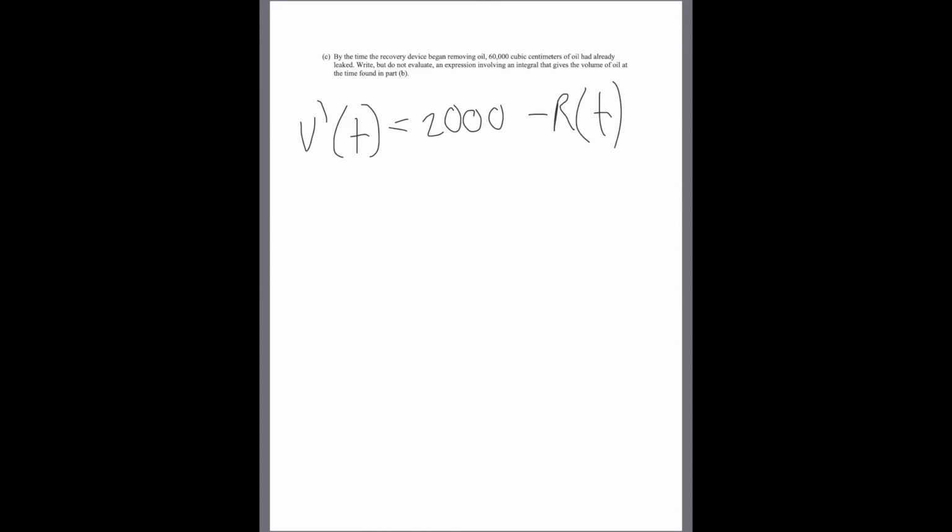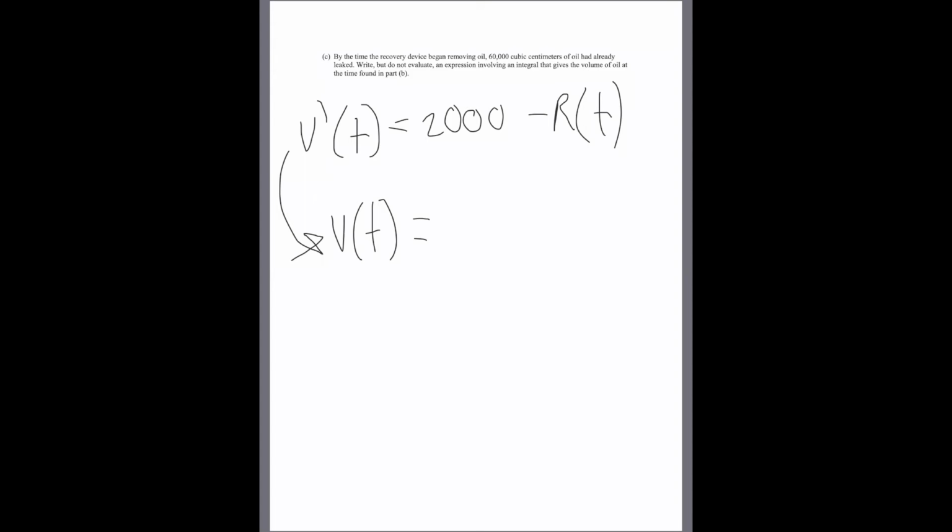That's our rate. But in order to get the volume, we have to integrate. We have to go down. And obviously this would be v of t, but now we have to integrate this whole thing to get it. And that would be part of the answer. So whenever you're integrating, you also have to consider what you initially start with. That's what you always start with.